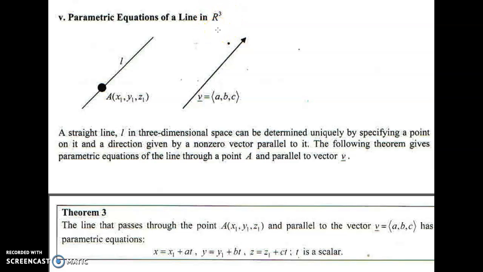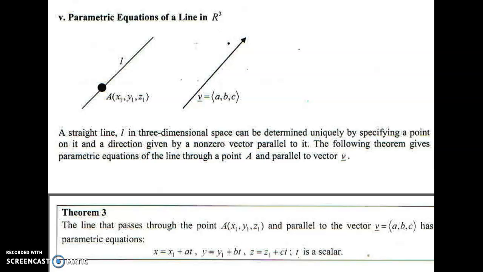I believe that you guys know that in your previous mathematics subject, or maybe during school, we learned how to find an equation for a straight line.